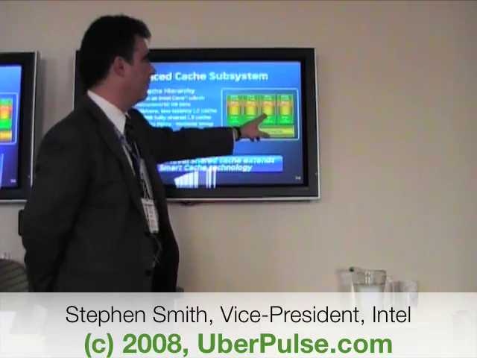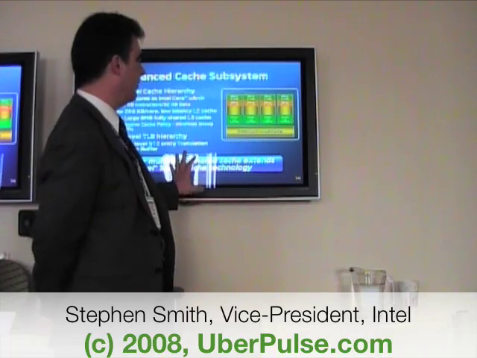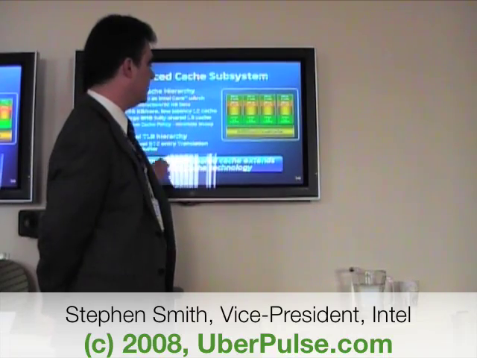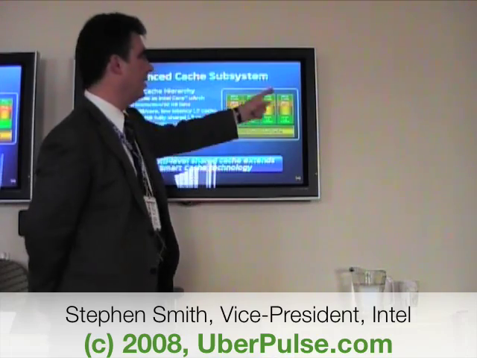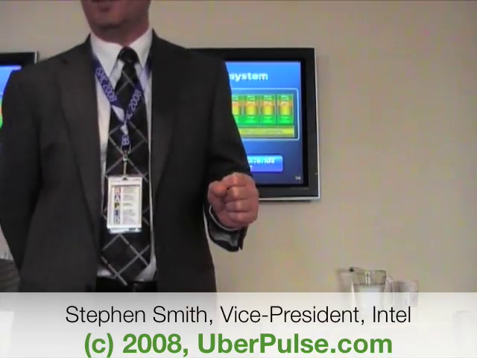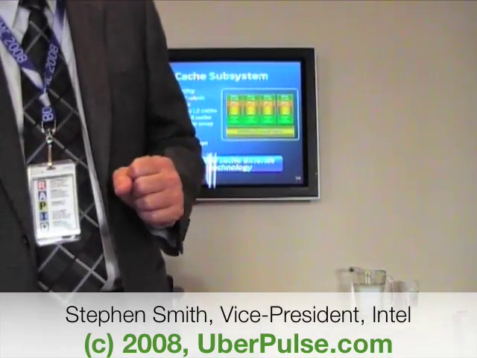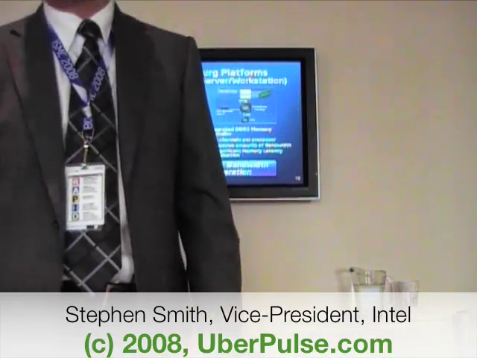You don't have to go interrupt these to snoop them. It also means that you can have a very effective system level snoop, that a system can request a snoop to the last level cache and know if certain data has been modified anywhere in this subsystem. So it's a very interesting approach for keeping high performance and also keeping the energy efficiency. You don't have to snoop as often.